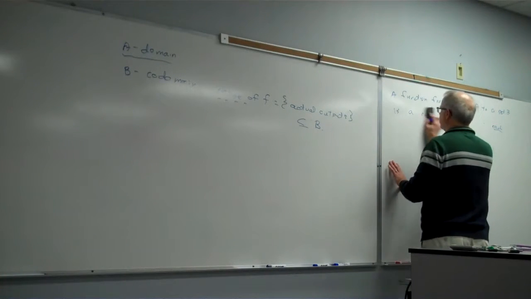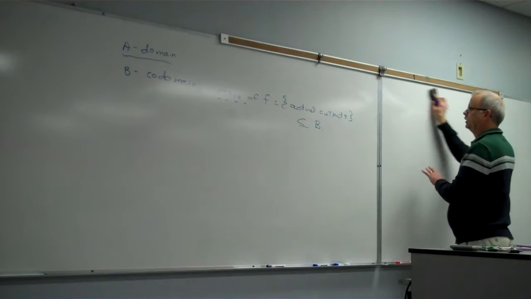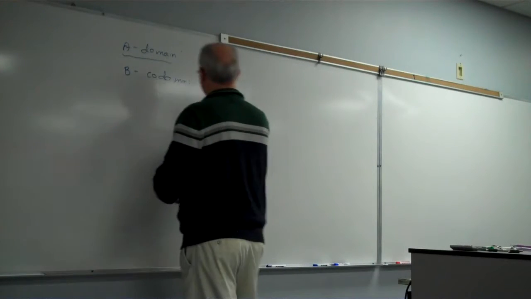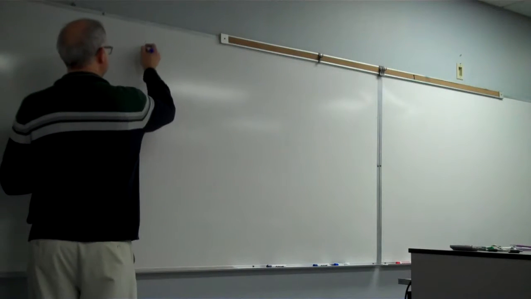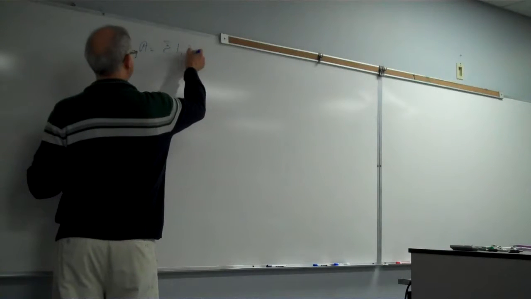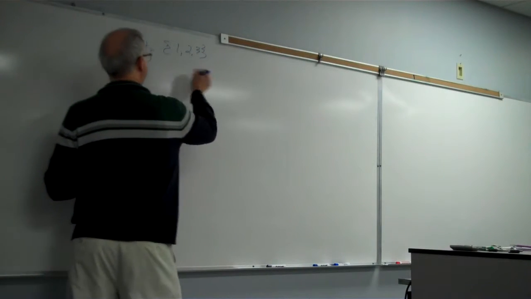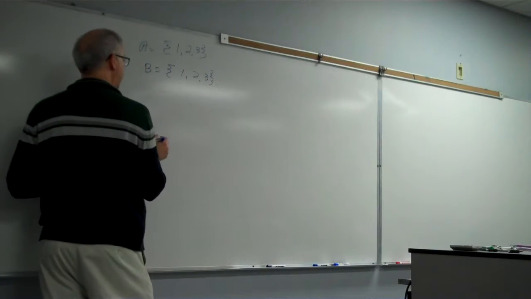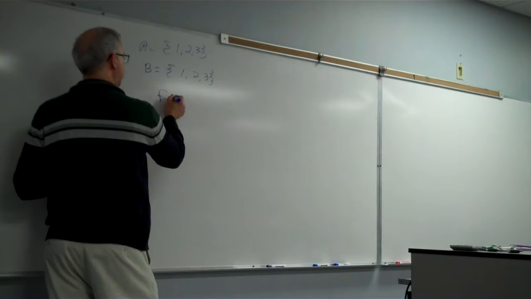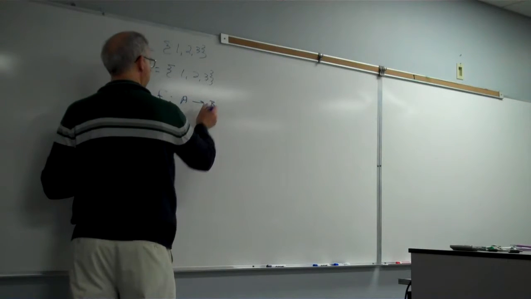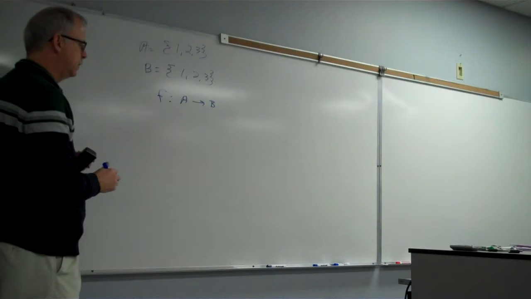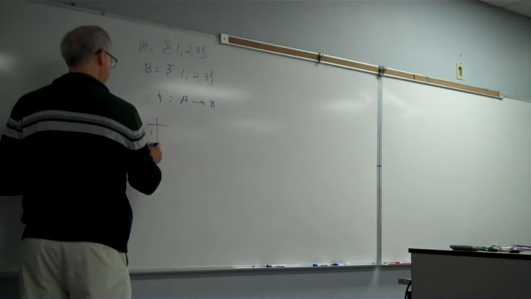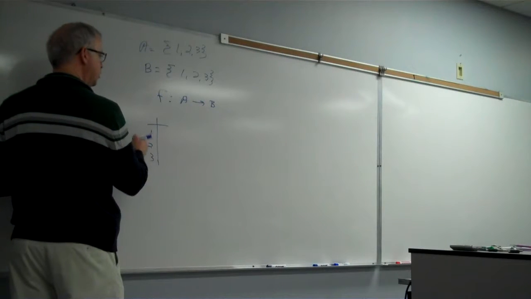So let's look at a fairly small example, but a fairly abstract example. Suppose A is the set 1, 2, 3, and B is also the set 1, 2, 3. And f is some function from A to B. So we've got the inputs 1, 2, 3.